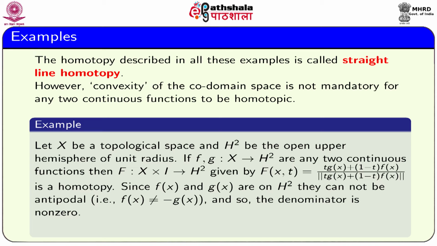Then this capital F is also a homotopy. If we put t equal to 0, we get the function f back. If we put t equal to 1, we get the function g back.